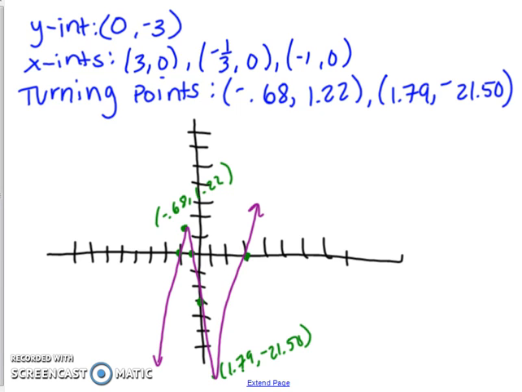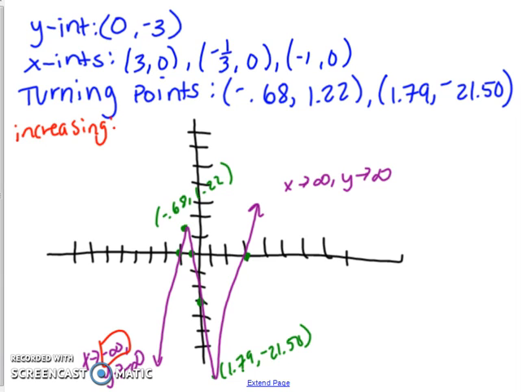Okay, from here we can do our end behavior. So as x goes towards negative infinity, y goes to negative infinity. Here x is positive infinity, y is also positive infinity. Okay, it's increasing from negative infinity to negative 0.68.